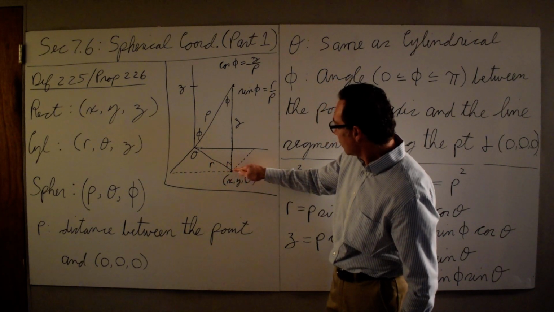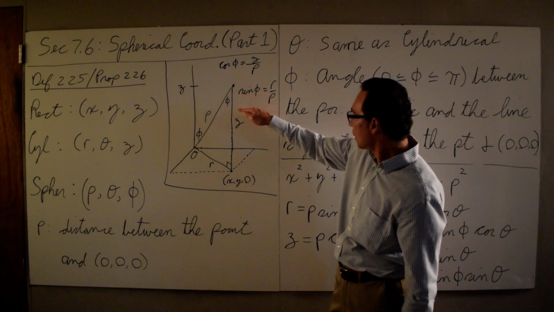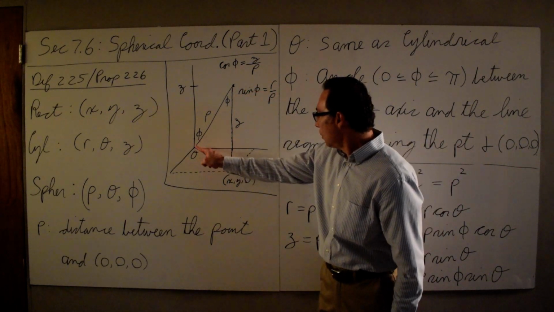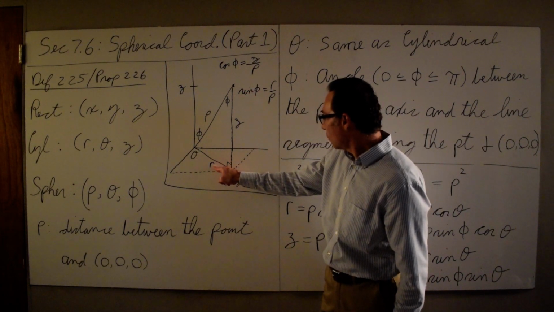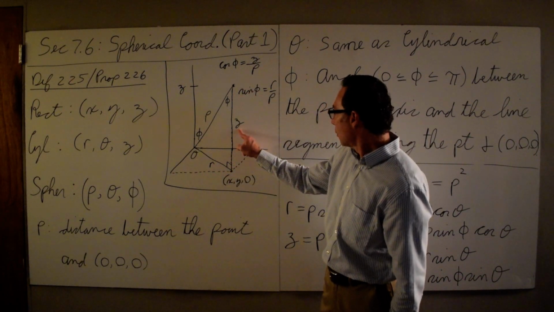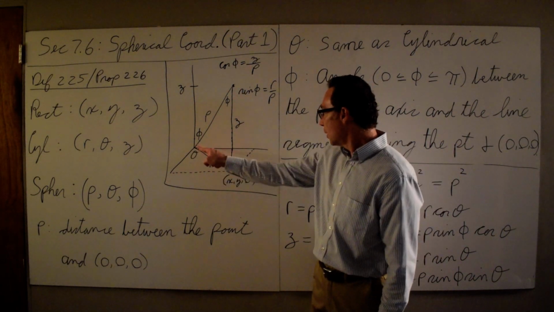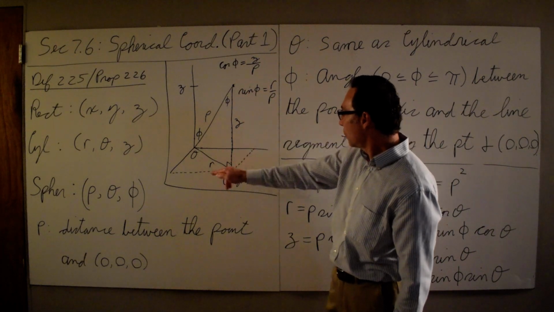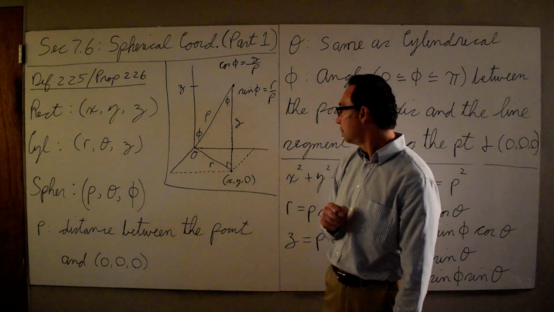Now this segment here sticks up out of the xy plane and goes up. And so this is our z. This is a right triangle right here. So one leg is r, the other leg is z, the hypotenuse is rho. And so from our right triangle trigonometry, we also have r squared plus z squared is rho squared.